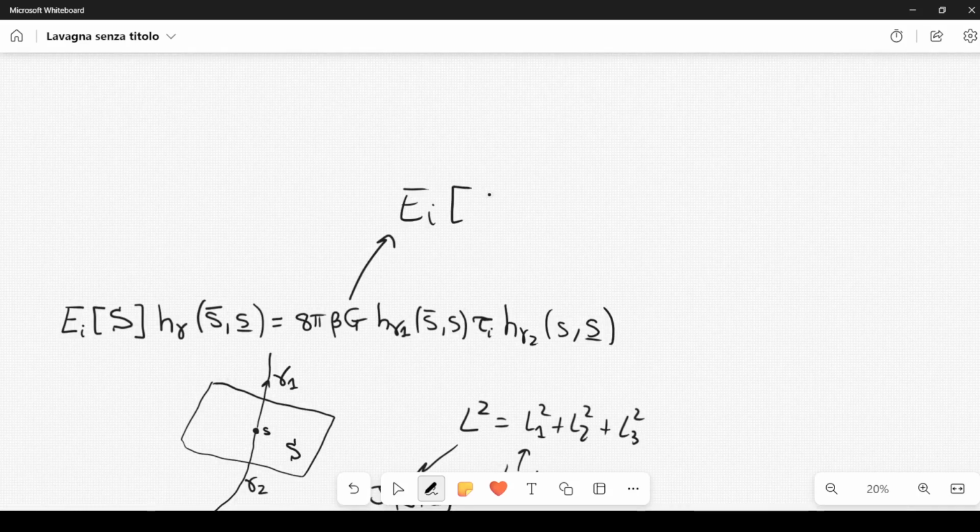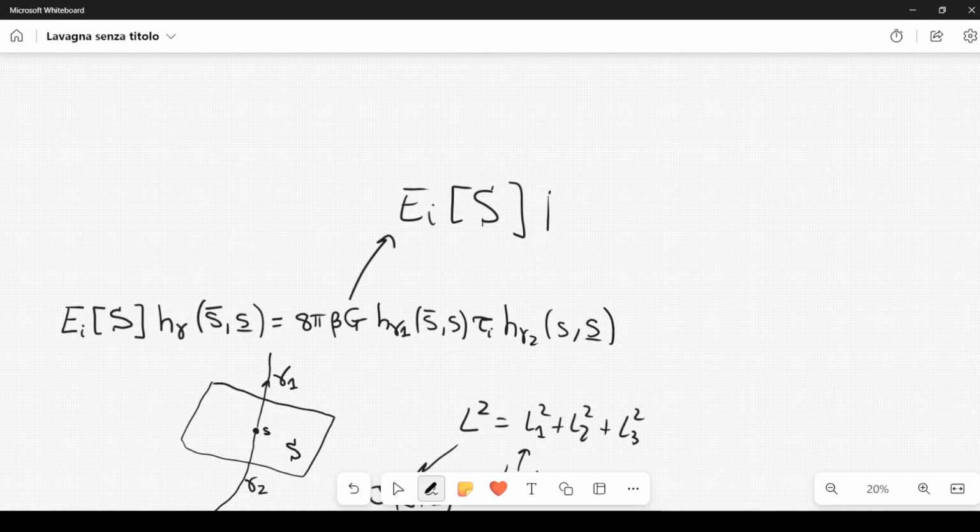We act with E_I of S on, and in this case we are not going to act on H_gamma, because remember that this H_gamma here that we have defined is related to, so we have always considered the spin 1/2 representation, basically, because we have used the Pauli matrices.